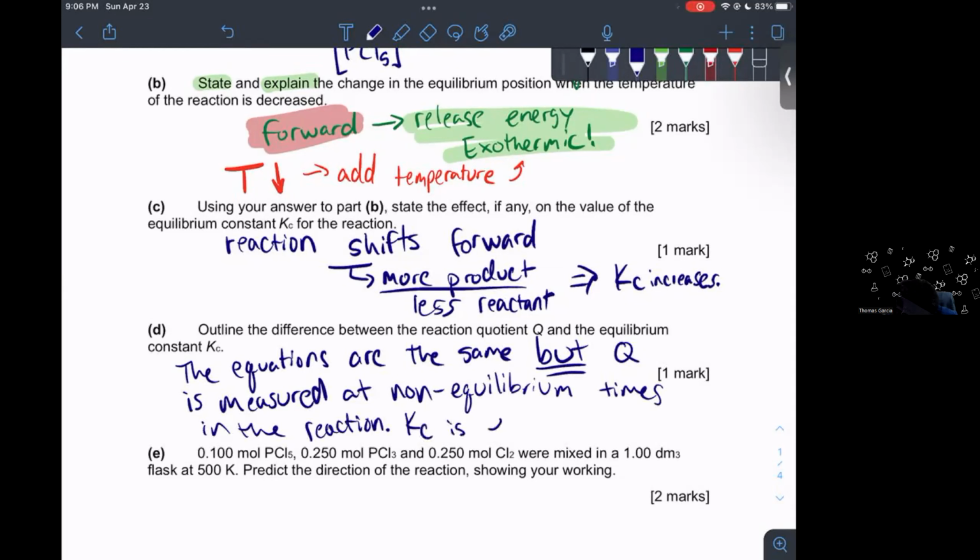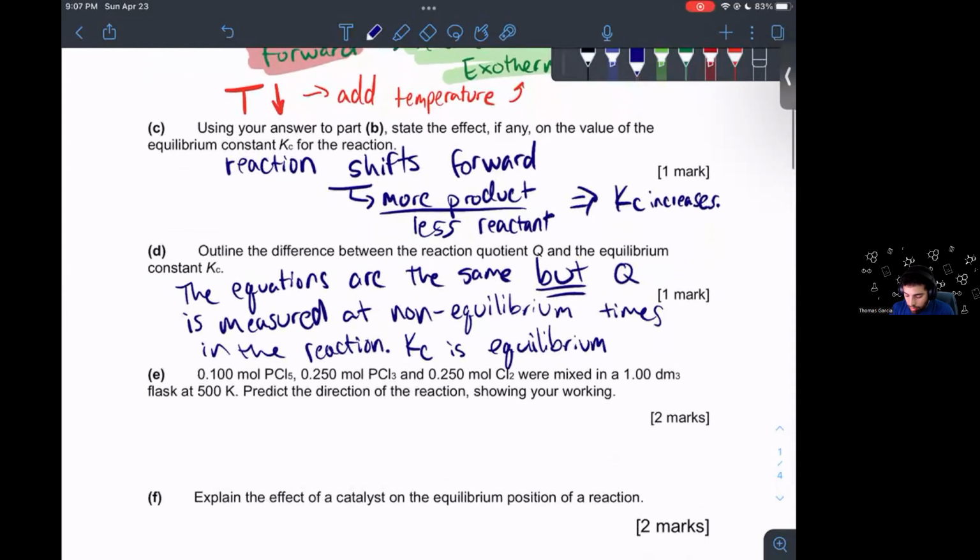Kc is at equilibrium. So when you are doing this, you need to remember that the reaction quotient only applies when it's not at equilibrium. The equilibrium uses the equilibrium constant. Got to remember that.